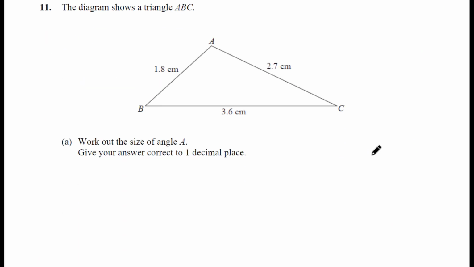Question 11. Work out the size of angle A. Give your answer correct to 1 decimal point. Now it's not a right angled triangle. So for this question we have to use the cosine rule. Now you unfortunately have to remember it, but this is the only one you need to remember.